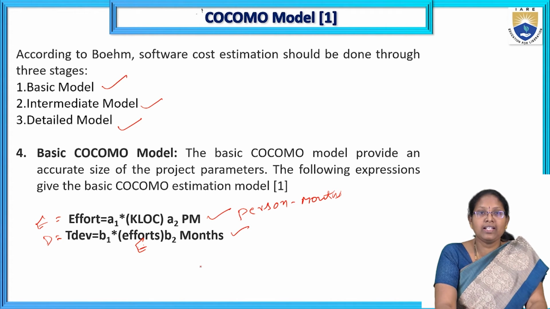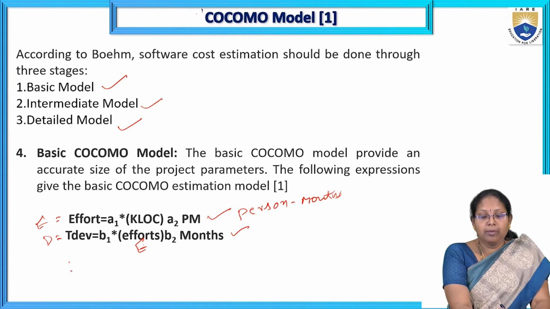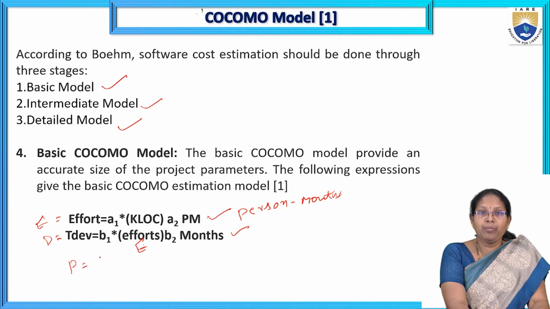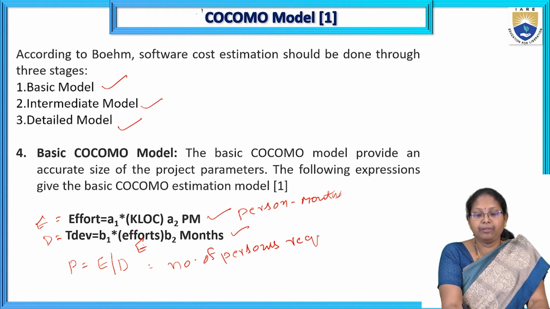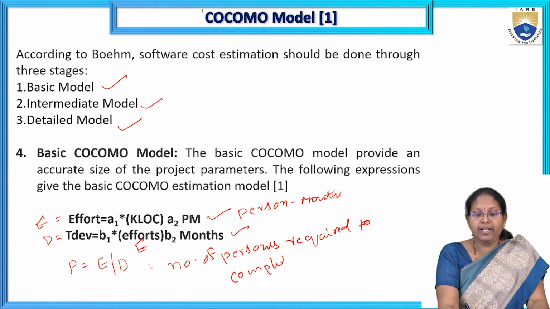Then P is equal to E divided by D, the number of persons required to complete that project successfully.